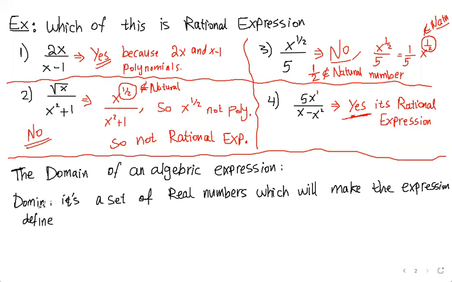If these numbers make the expression defined, the set of these numbers is called the domain. I gave you an example last time too.